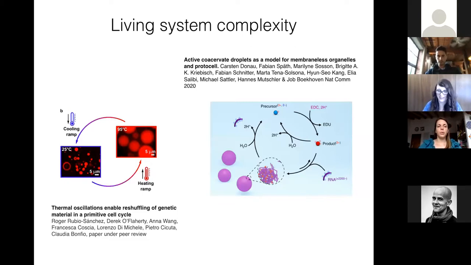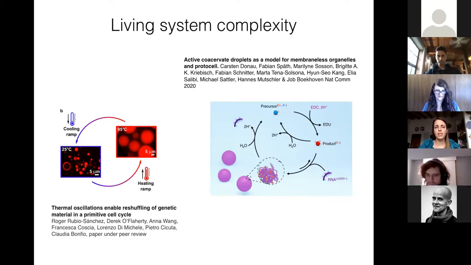For example, there was a paper under peer review recently, by Claudia Bonfio, showing that when exposed to a specific heating and cooling ramp, the vesicles can change their shape, become droplets, and then become vesicles again. In the meantime, they can mix both lipids and even the content present inside them.